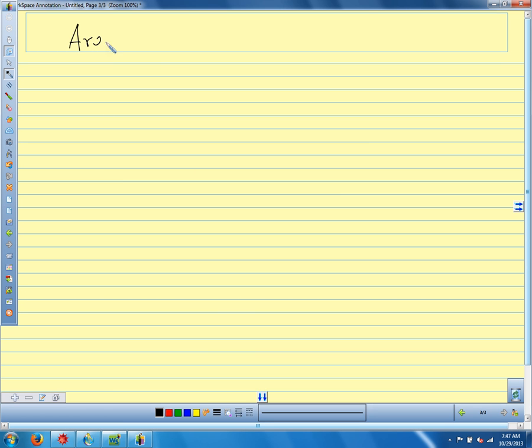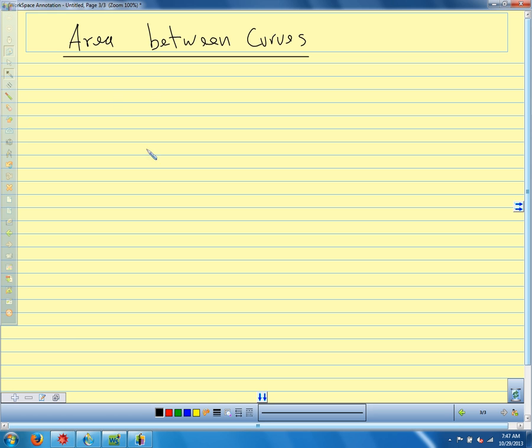So area between curves, the simple case. And it's nice when it works out this way, but it often is not quite this easy. So we're talking about the area between two polar curves. Let me sketch out what we're talking about here.